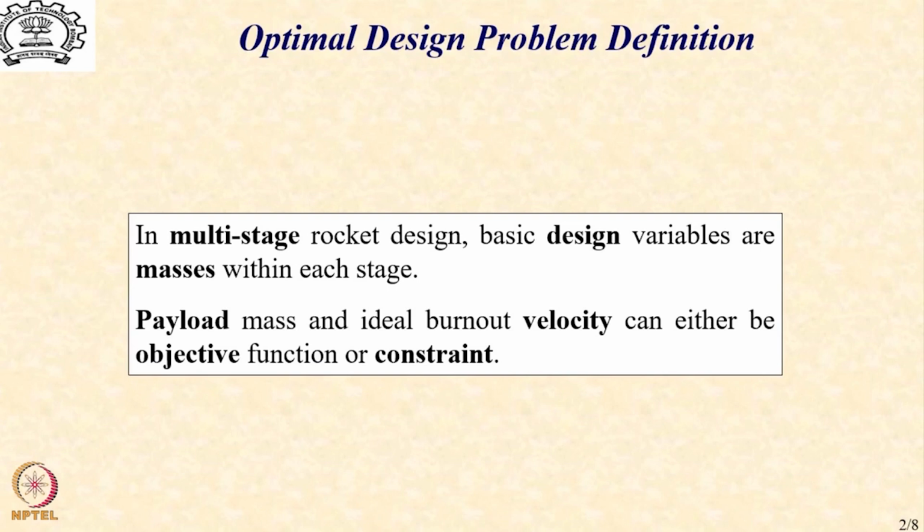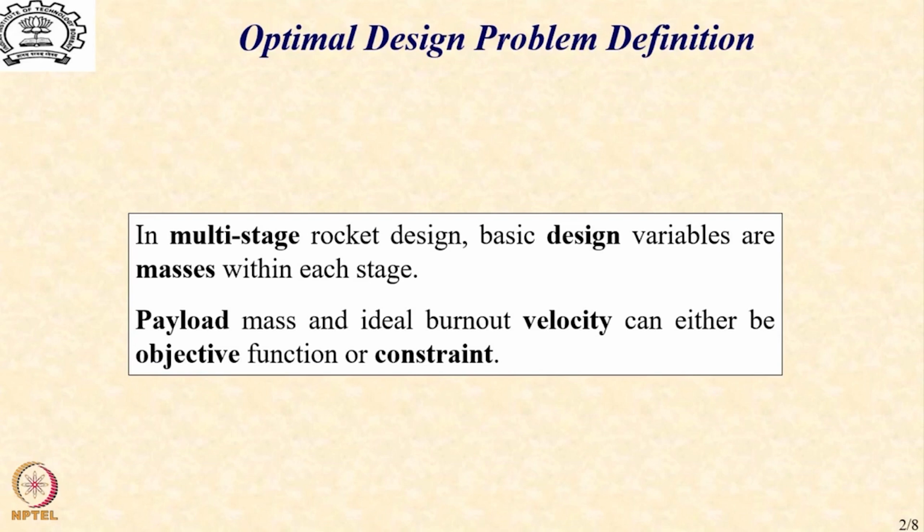And in a generic mechanism, we can either use payload mass as a constraint and try to maximize the ideal burnout velocity, or we can put a constraint on the ideal burnout velocity and use payload mass as an objective function which is to be maximized.